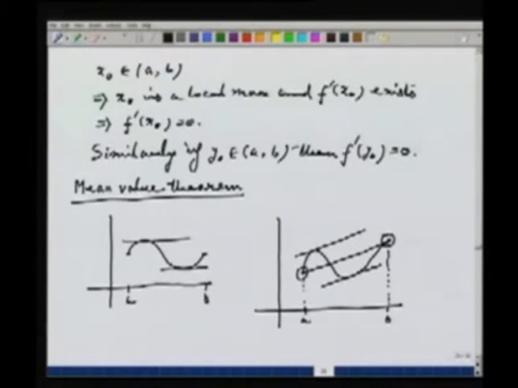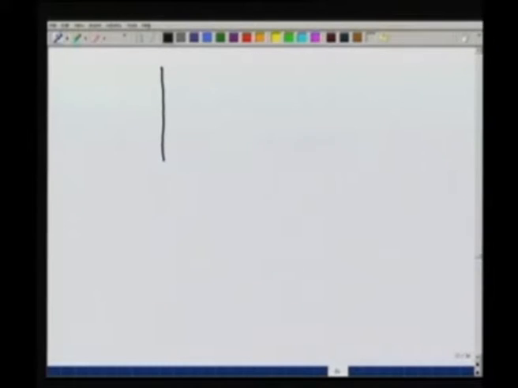That is what the mean value theorem is all about. So let's notice certain things. I want to see that the tangent is parallel to the line joining these 2 points. That means these 2 lines must have the same slope. So let us draw the picture again and we will try to calculate things here. I have the axis here.